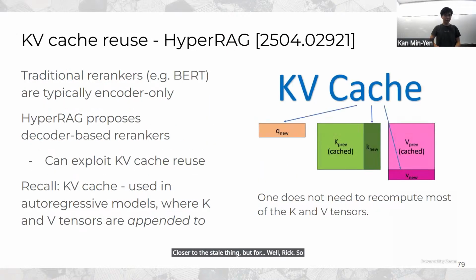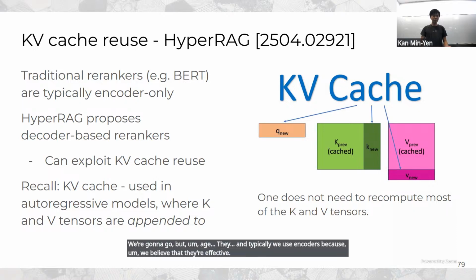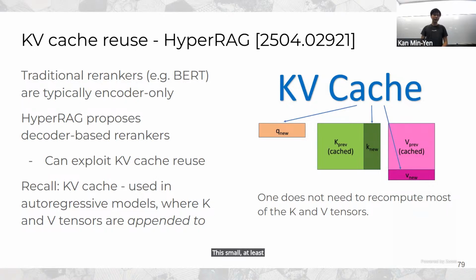In the HyperRec paper, they essentially propose a decoder-based re-ranker. Traditionally we use BERT, which is an encoder-based re-ranker, and typically we use encoders because we believe they lead to better results. But HyperRec claims that they can achieve competitive results with decoder-based models.